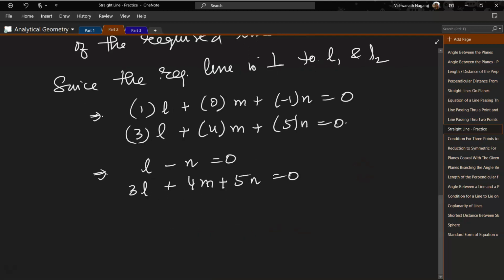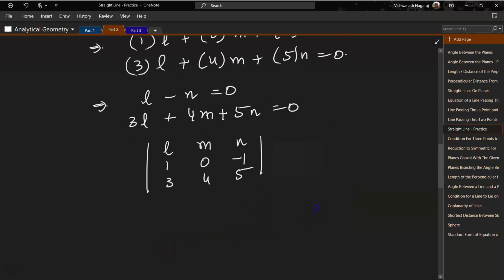Now how do we solve this? We can solve it in many different ways. The simplest, which I think is the simplest, is this determinant: 1, 0, minus 1, 3, 4, 5.